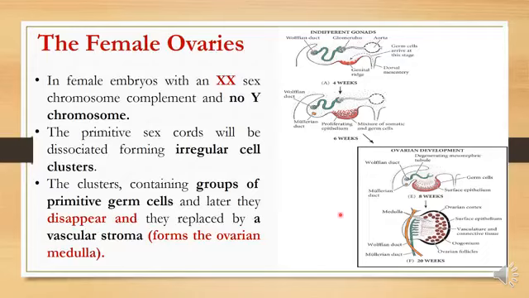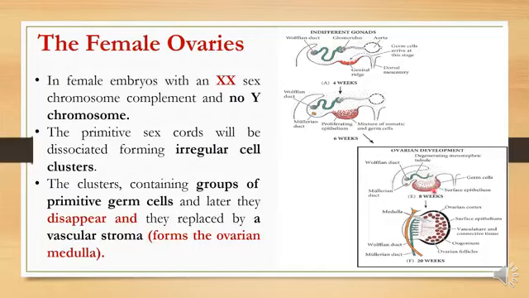The female ovaries. Female embryos have an XX sex chromosome complement and no Y chromosome. The primitive sex cords dissociate, forming irregular cell clusters.